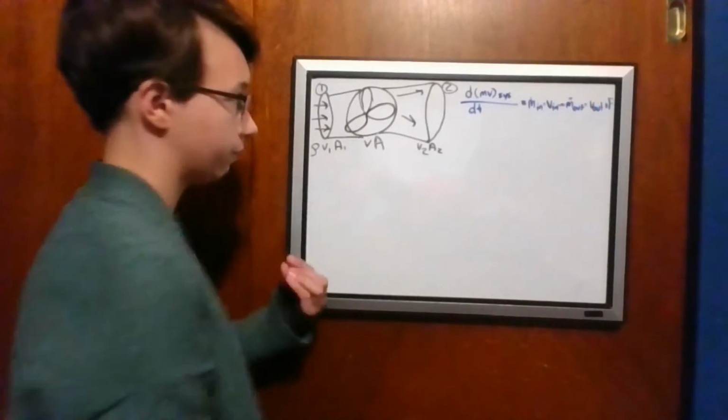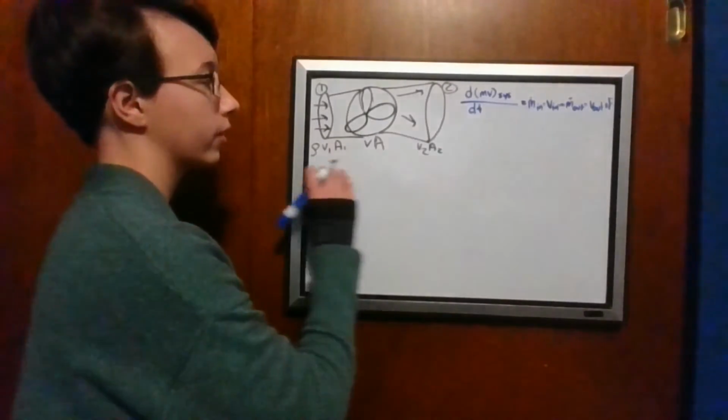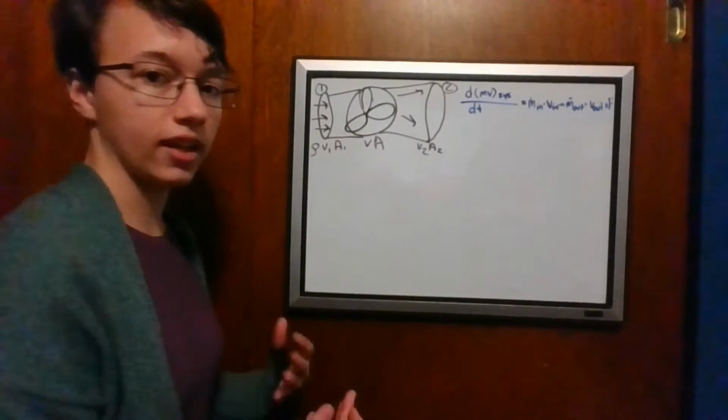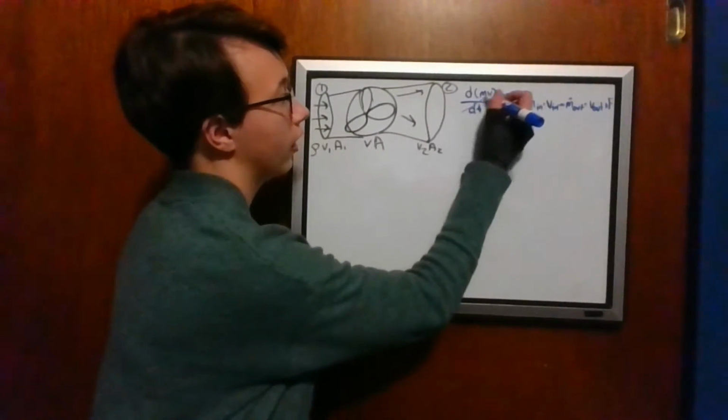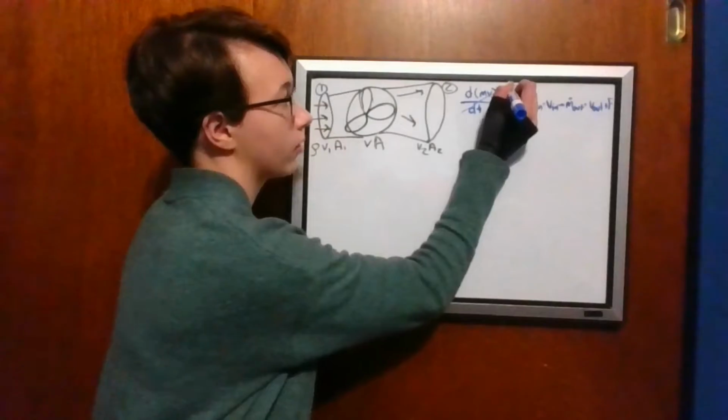So from here we're going to say that our system is at steady state, and therefore any derivatives with respect to time go to 0.